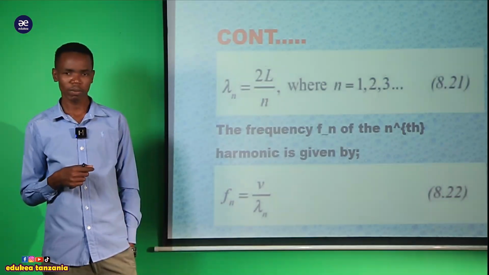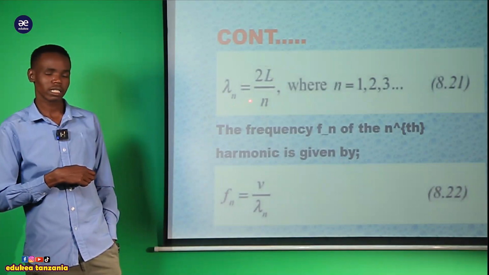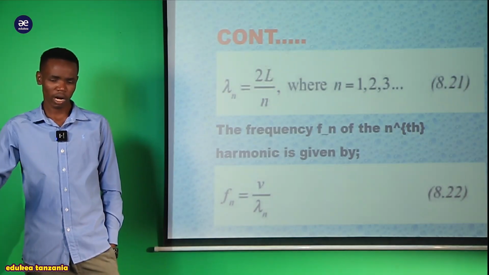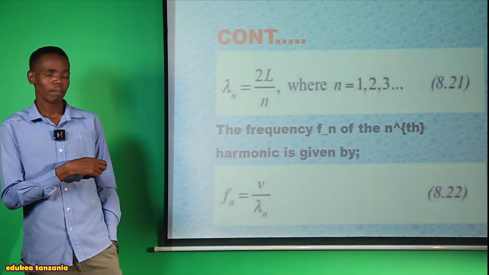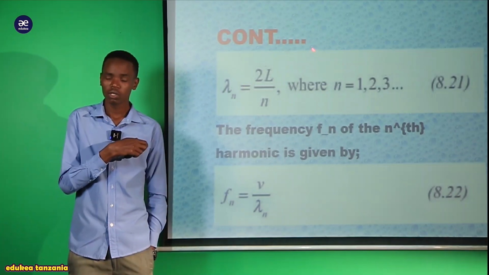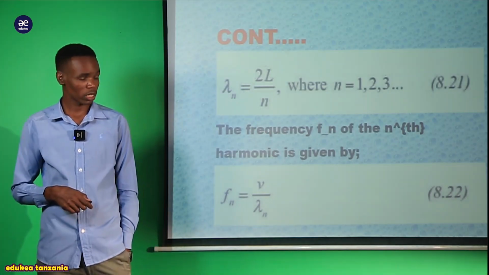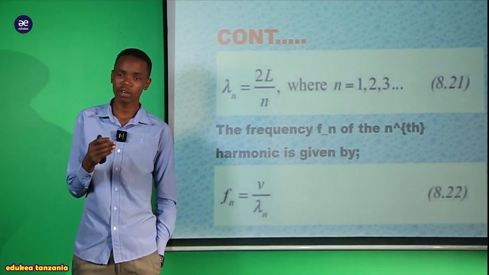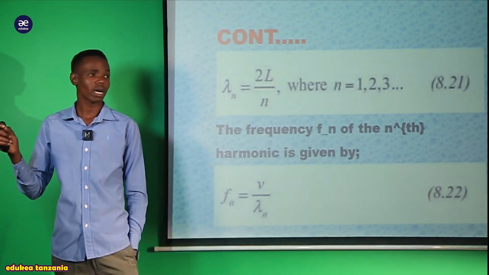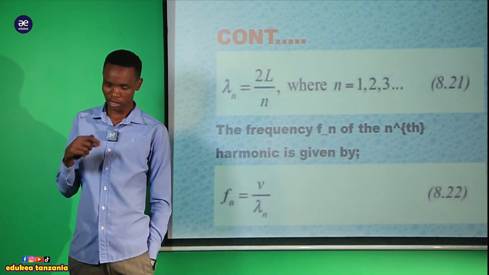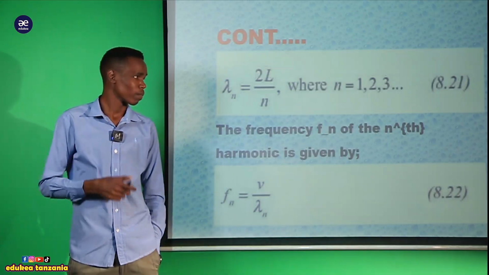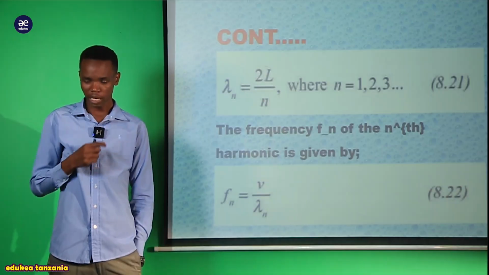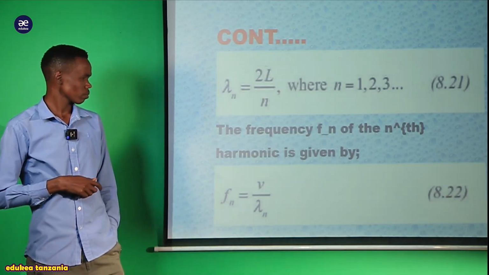Now we should express by saying that the wavelength at the nth harmonic must be equal to 2L divided by n, where n is expressed as 1, 2, 3 mpaka atafika the nth harmonic na kadhalika kama tulivyoambiwa hapa. And this will be equation number 21 for our topic number 8, my dear students.